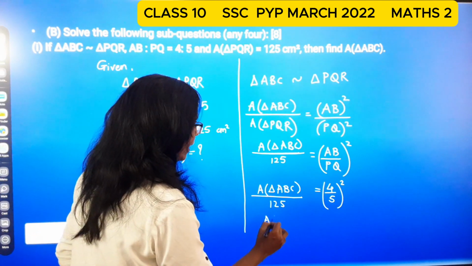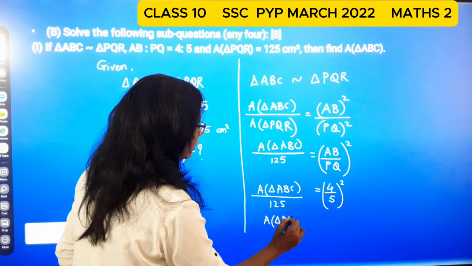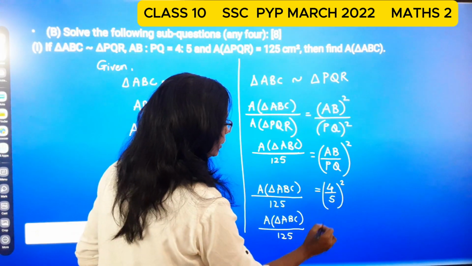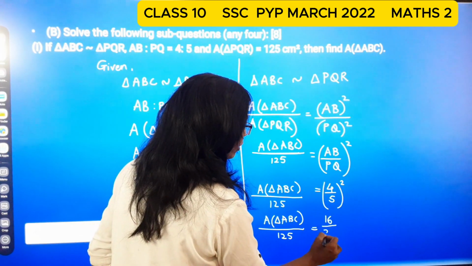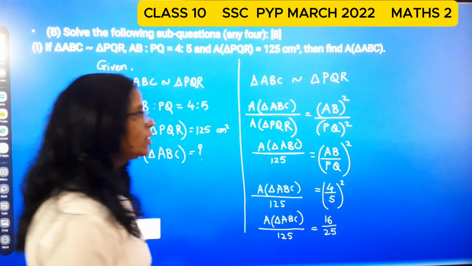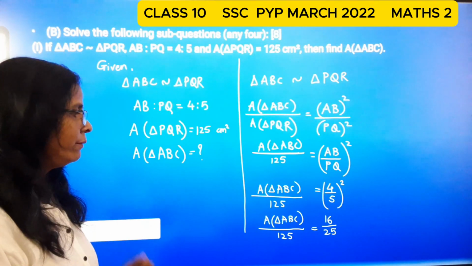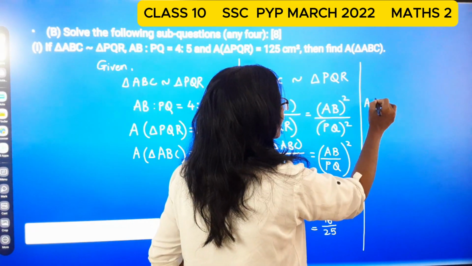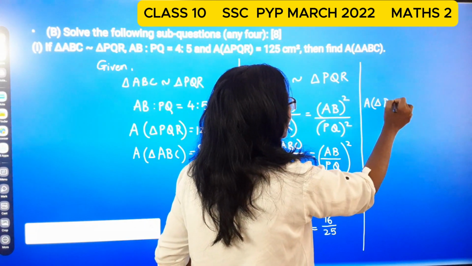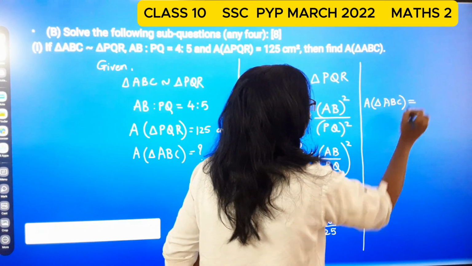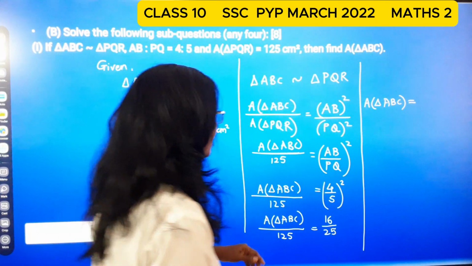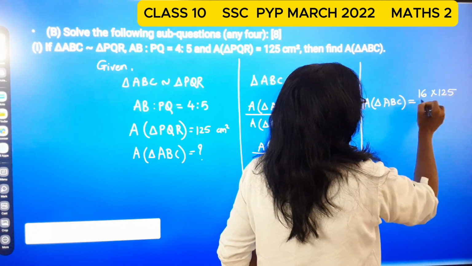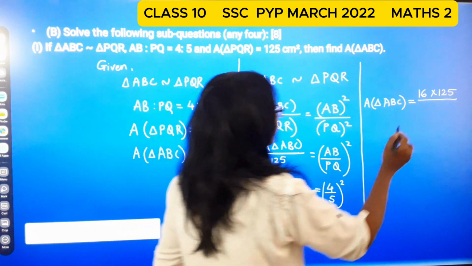So here area of triangle ABC upon 125 is equal to 16 upon 25. Okay students, 16 upon 25. So here area of triangle ABC is equal to, cross multiply, 16 multiply 125 upon 25.